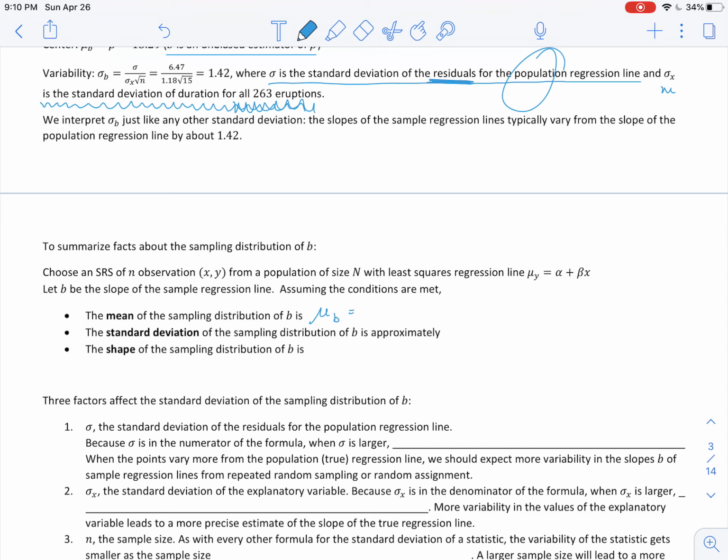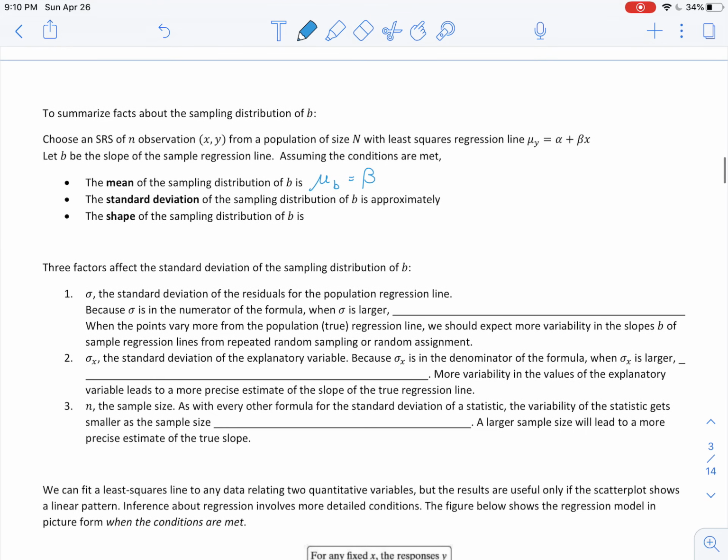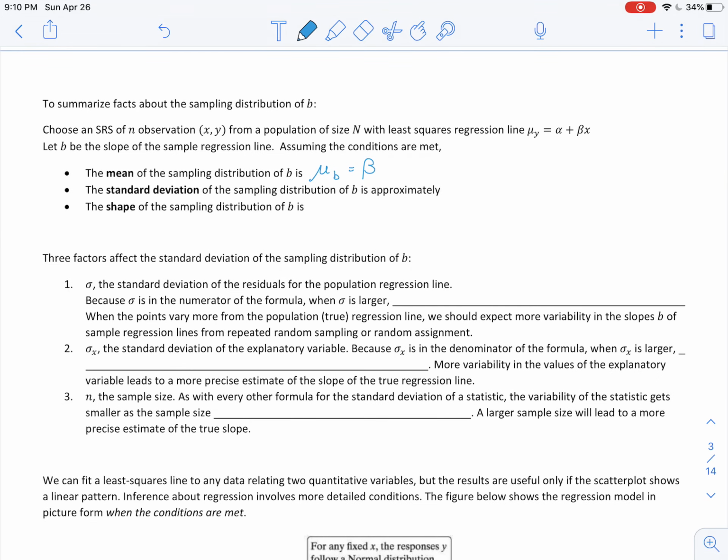The mean of the sampling distribution of B, so mu sub B, is always going to be beta. That's what we said earlier. So they're going to be centered at the same number.